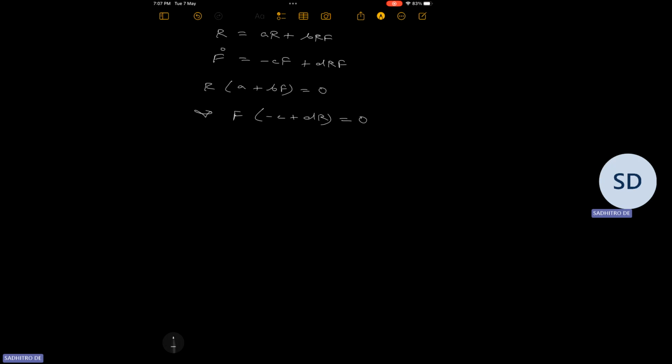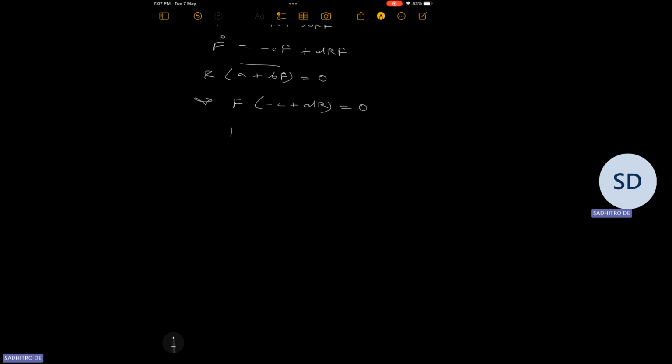So if a and b are both greater than 0 and the population has to be greater than 0, this quantity is greater than 0. Therefore, we have r equal to 0 as a fixed point, and corresponding to r equal to 0, the other fixed point will be f equal to 0. So the origin is the fixed point.